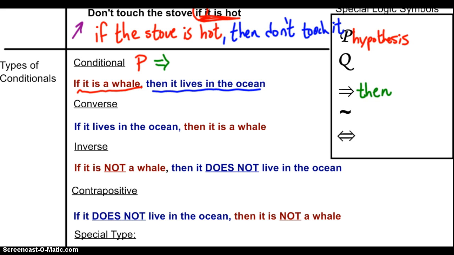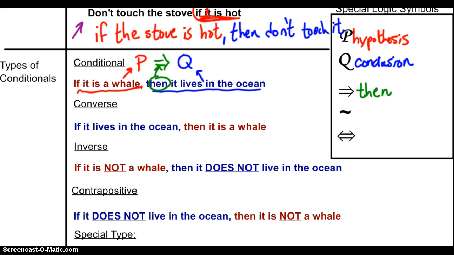And then we use the letter Q to denote the conclusion. Okay, the conclusion. So if it's a whale, that's our P, our hypothesis. Then, that's our arrow. It lives in the ocean. That's our Q.